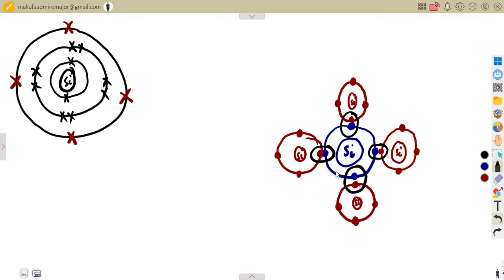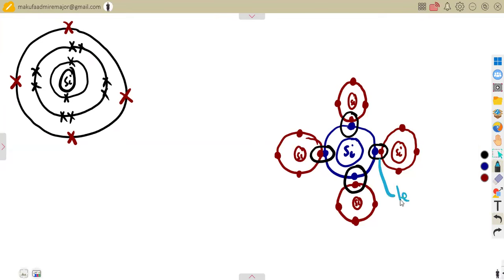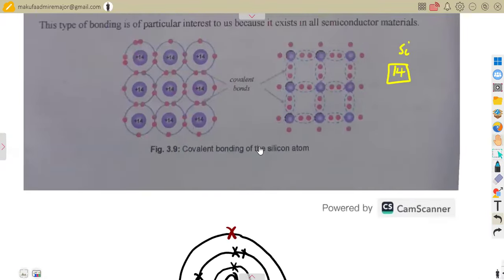So this pairing, guys, is going to happen and happen and happen. So there is an electron pair that is happening. This is the major part of our covalent bond.